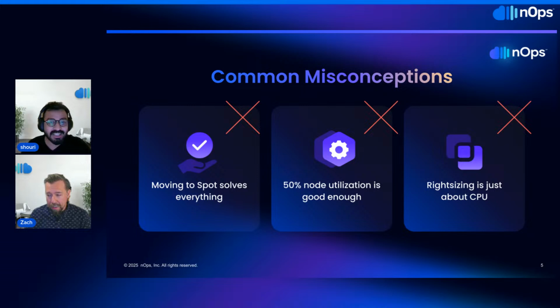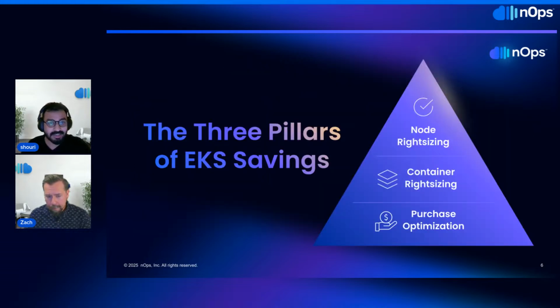Yeah, exactly. Jumping into the next topic, three pillars, right? When you think of the three pillars of EKS optimization, savings is a very big word. We talk about optimization to make sure that when you do optimization, savings is indirectly achieved. When we think of these three pillars, there are three main things that you look into. First one, node right sizing, which we were talking about previously. The common misconception is that right sizing my CPU will solve everything, but it doesn't.